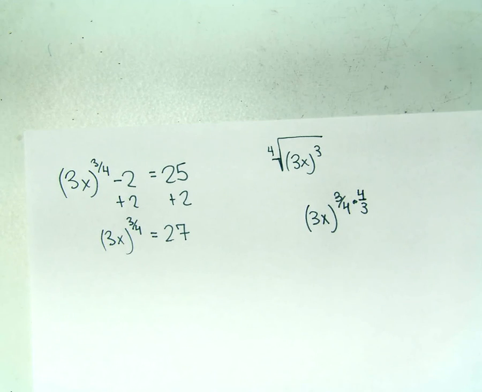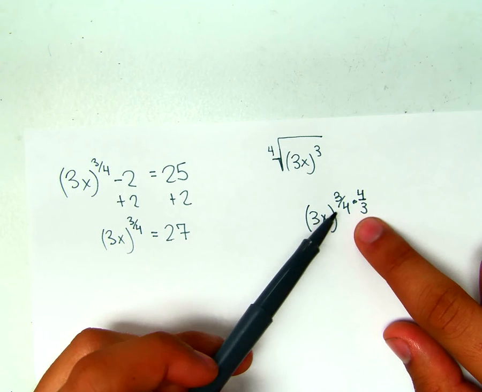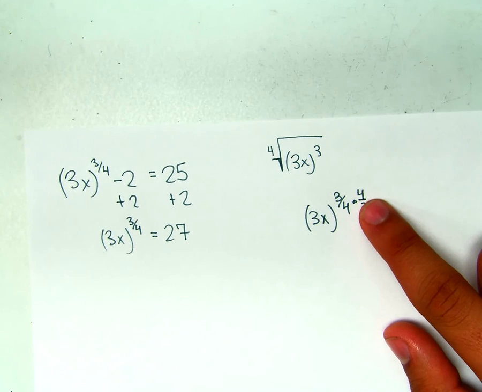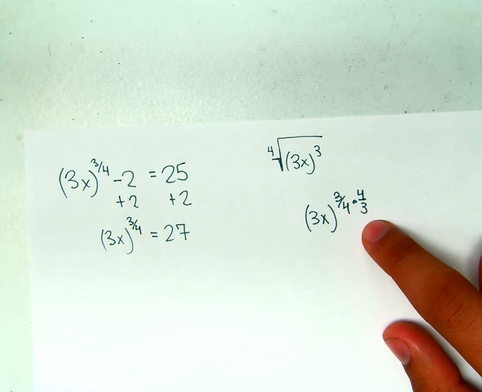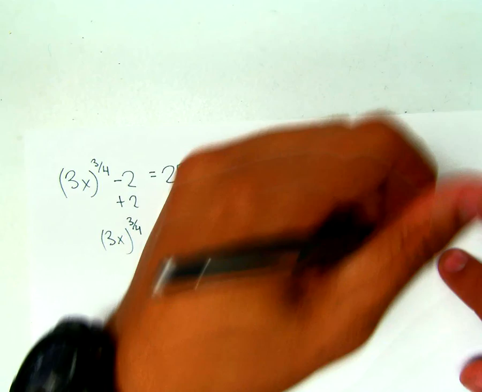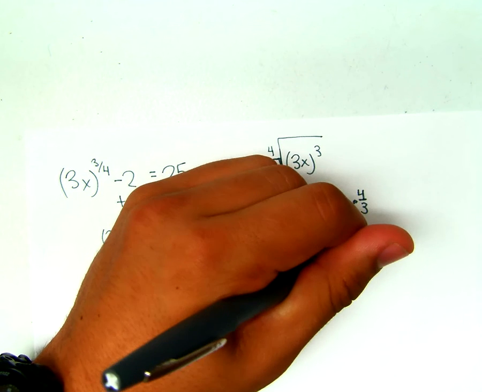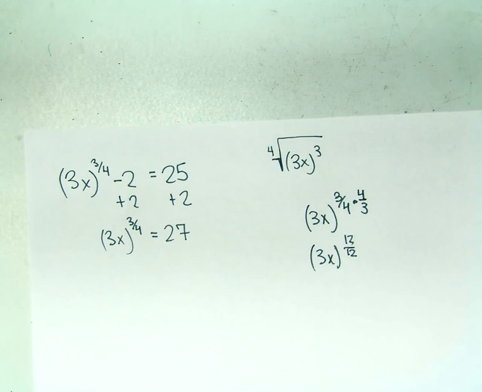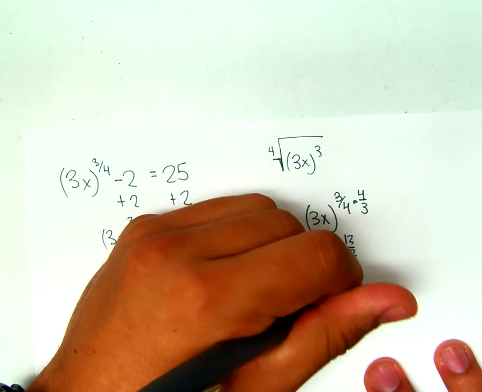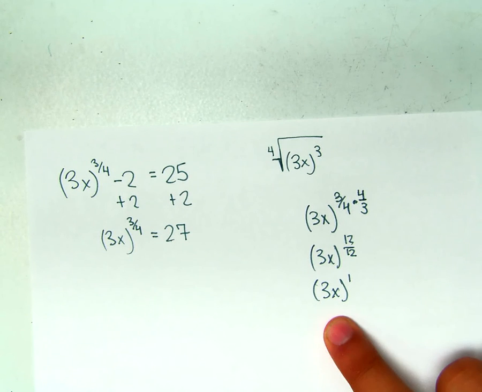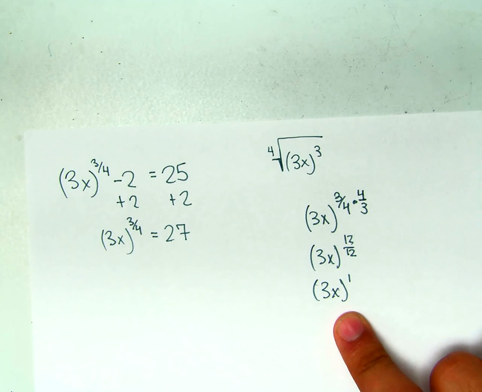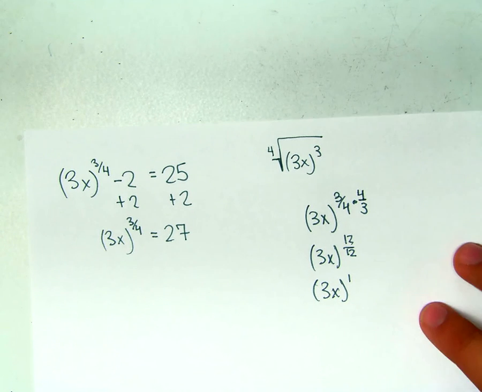Okay, so now, what's 3 times 4? And what's 4 times 3? So that is 12/12. Well, what's 12/12? 1. And what's 3x to the first power? It's just 3x.